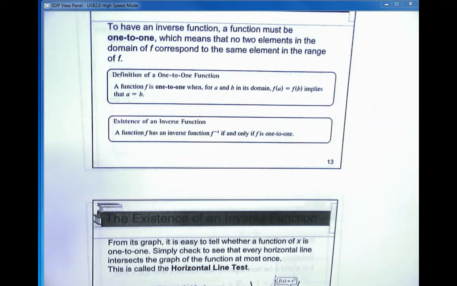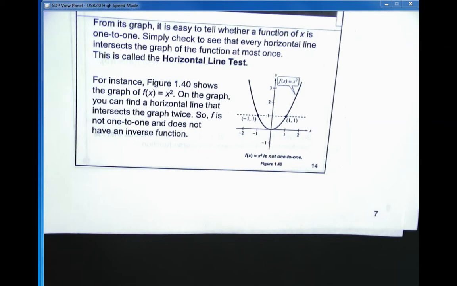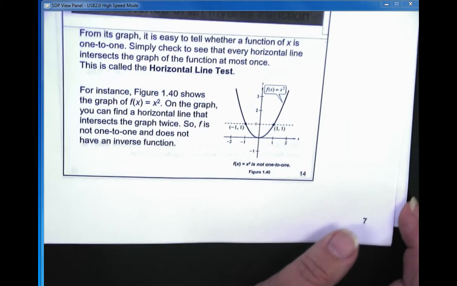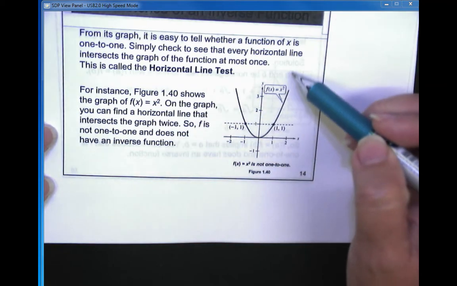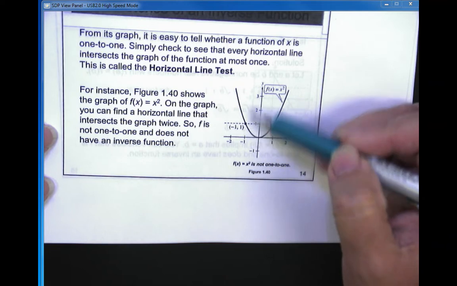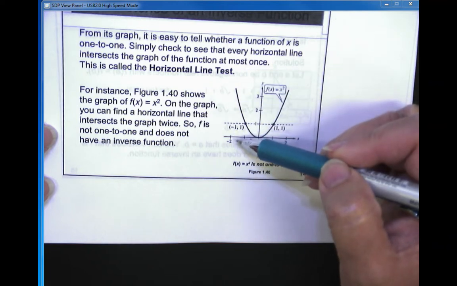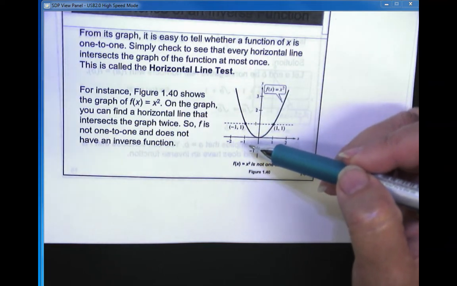Got it? Okay. The other way you can do that is if the original function passes a horizontal line test, you will be able to tell that it is a 1-to-1 relationship. We know we can pass a vertical line test here and say, yep, that's a function. But the question is, is the inverse a function?